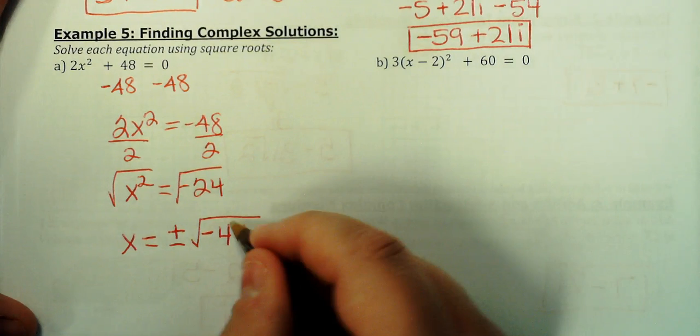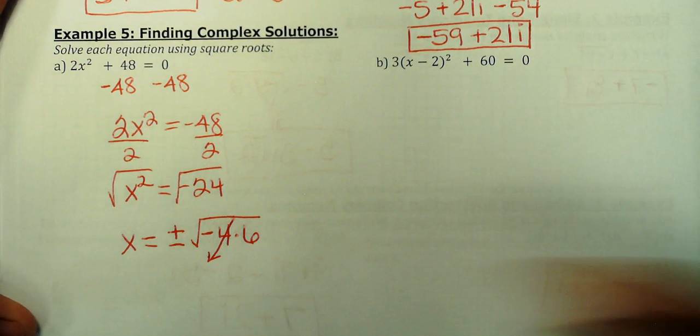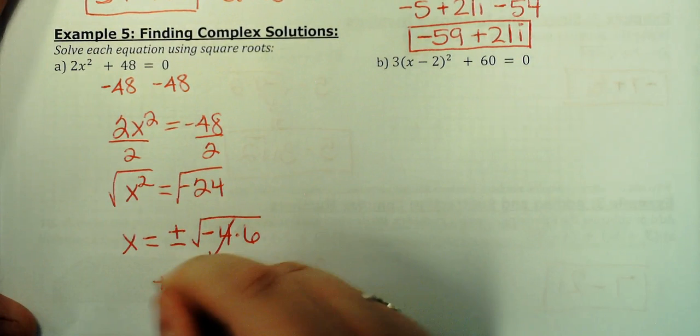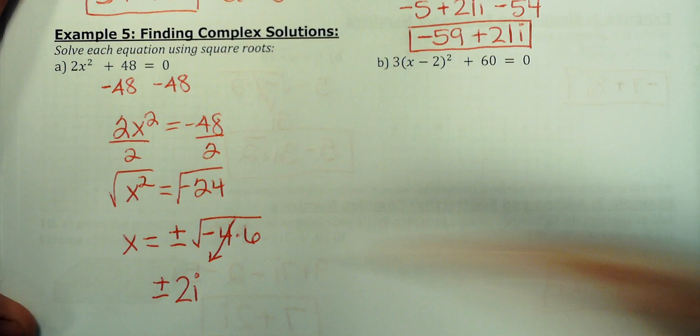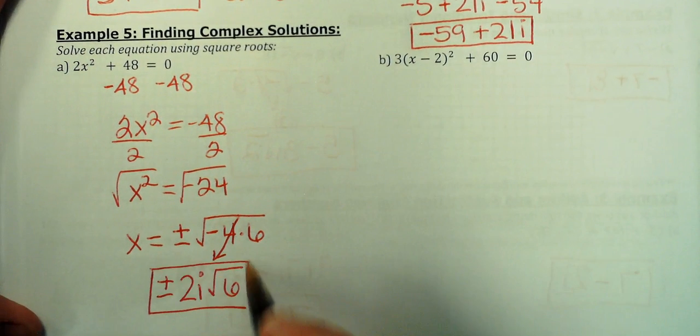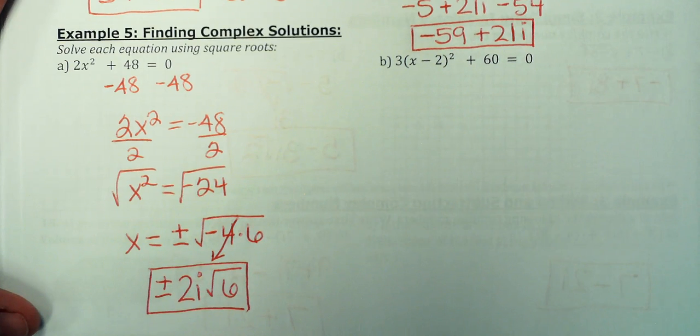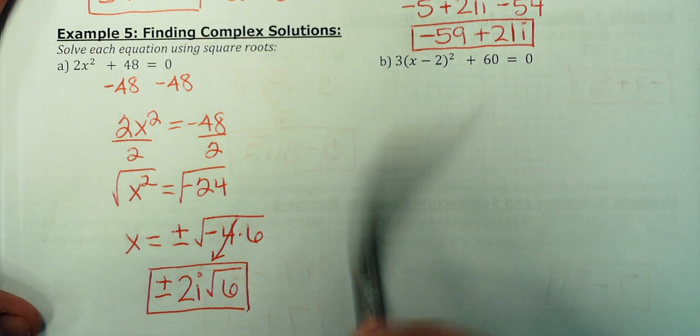The only thing I'm going to do differently than a normal radical is when I take the square root of 4, I must take it as the square root of negative 4. So this is going to come out as a 2i and then a radical 6. So these are my two answers here. This symbol means I have positive 2i radical 6 and negative 2i radical 6. So there's two answers.